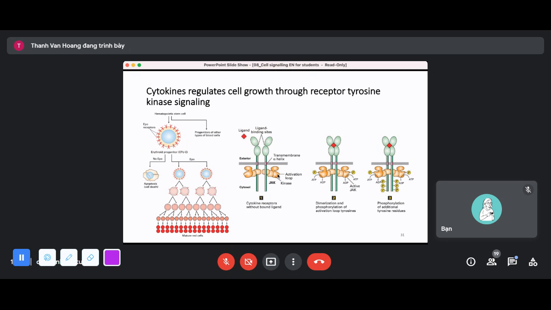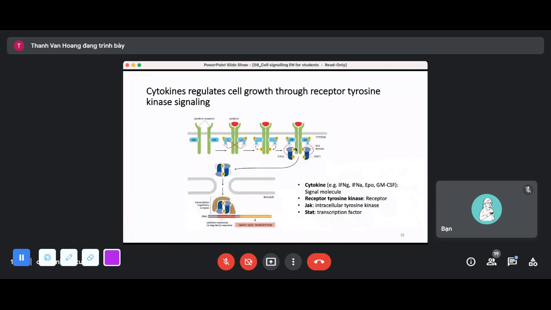It's a tyrosine kinase. It binds to the intracellular domain of the EPO receptor, so it can phosphorylate the receptor, and the cytoplasmic domain of the receptor is phosphorylated as shown here.